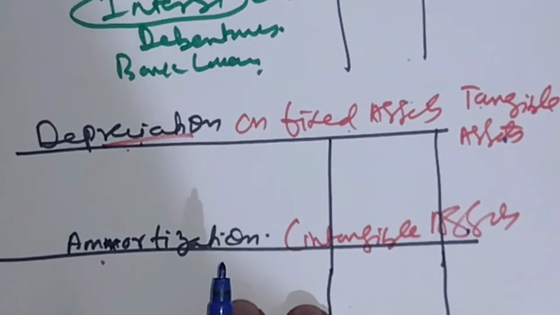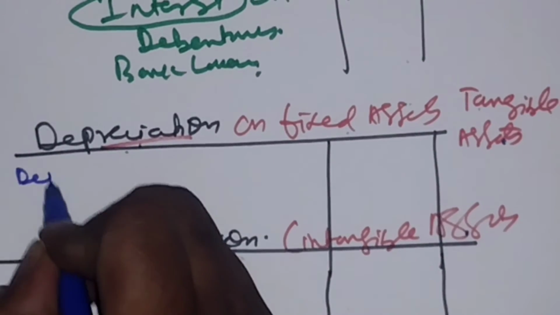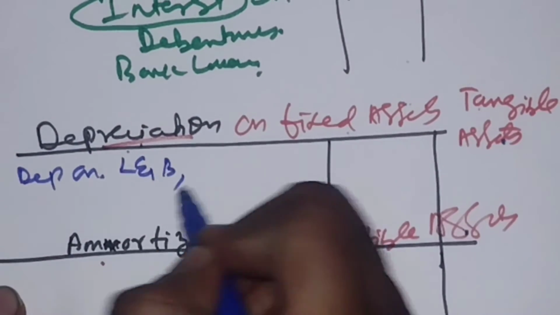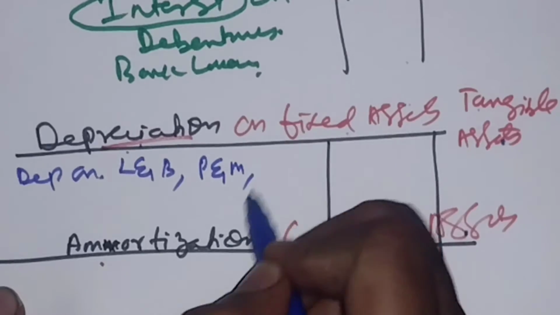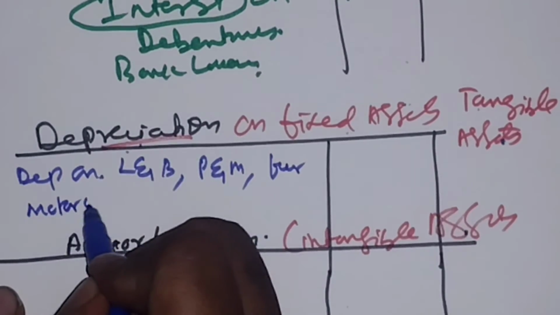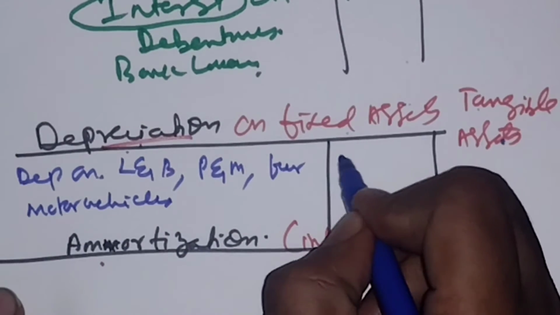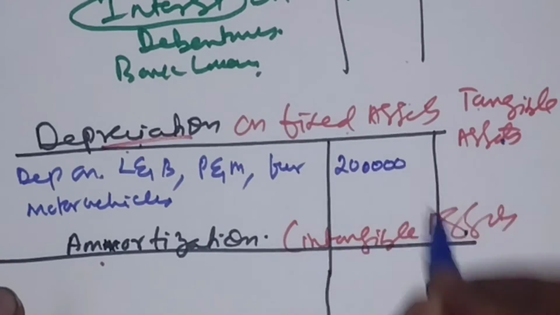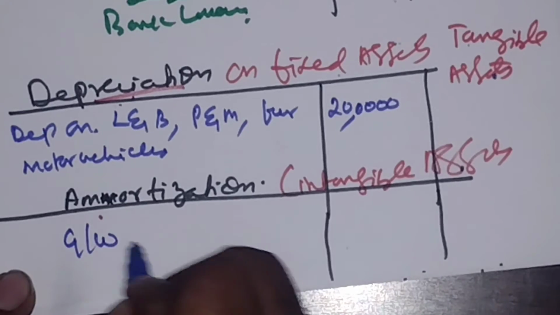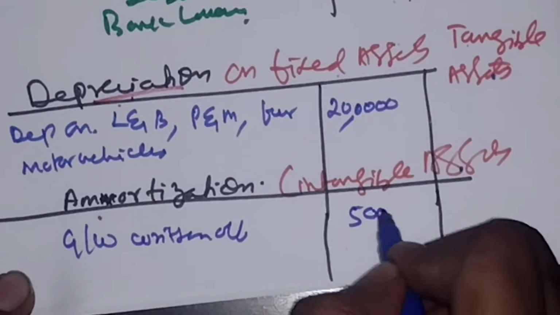For example, depreciation on land and building, plant and machinery, furniture, motor vehicles, all put together, let us assume 20,000 rupees, and goodwill written off 5,000 rupees.